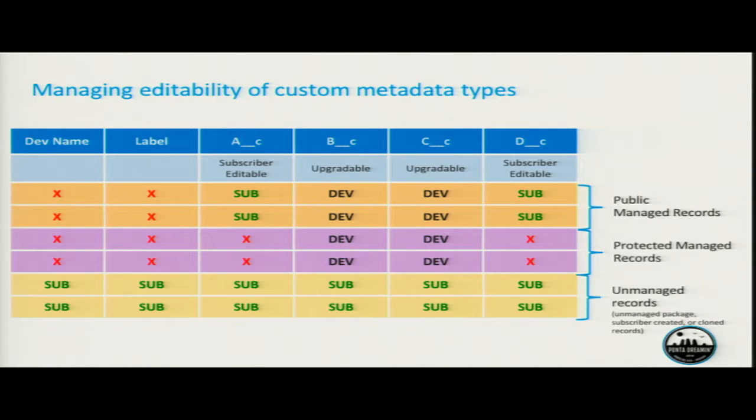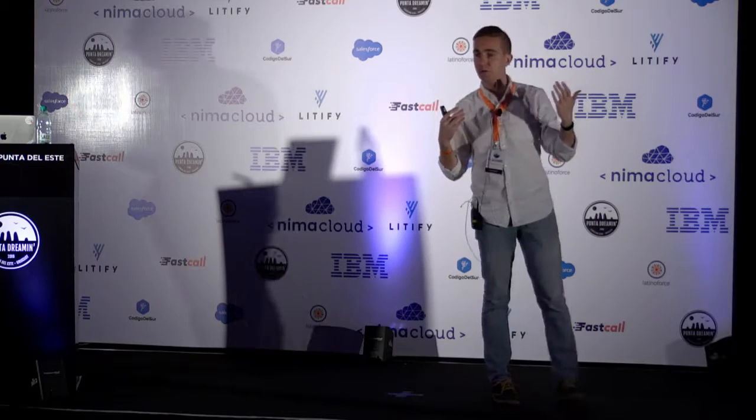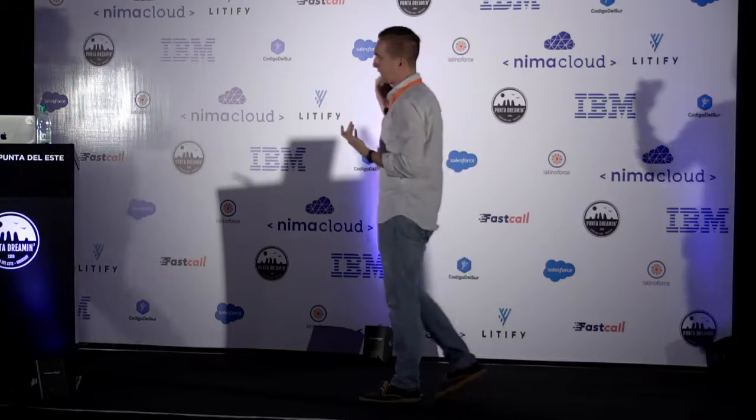But the most interesting case is the public managed records. So those are also coming from your package, but you have the ability to set up some fields as protected and some as subscriber editable. And why is it good? Well, imagine you're building an app that needs to talk to two different systems, right? And both of the systems need some sort of security token. Well, the problem is one system is on your side and another system is on the subscriber side.